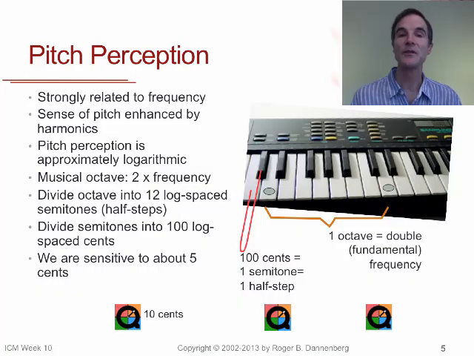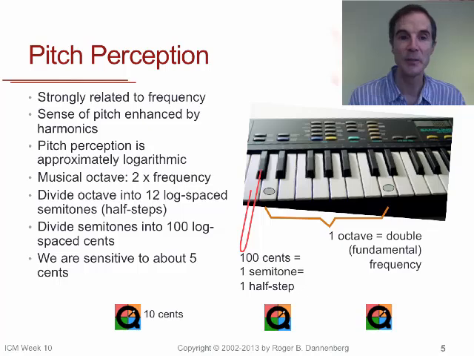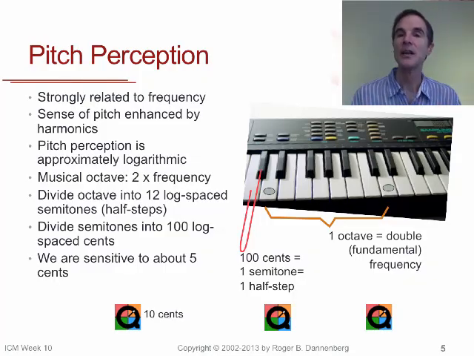This factor of 2 is actually very salient in our perception of pitch and has a name called the octave. If we take this factor of 2 in frequency, called the octave, and we divide it into 12 logarithmically spaced intervals, those are called musical semitones or half steps, and that is the basis for most Western music.